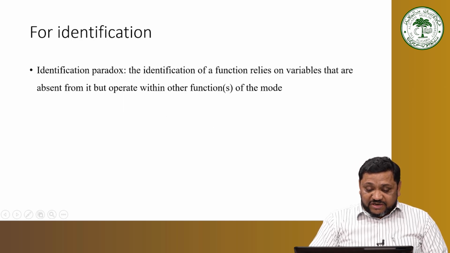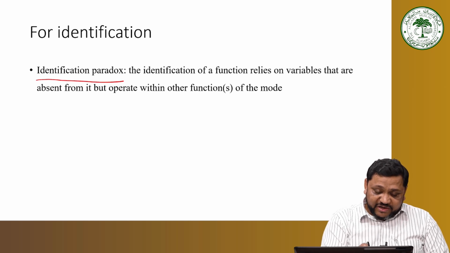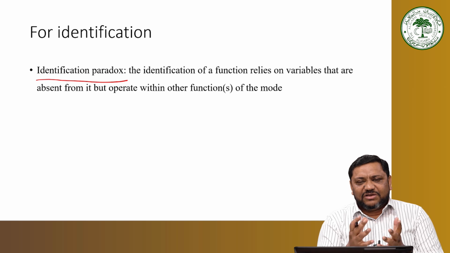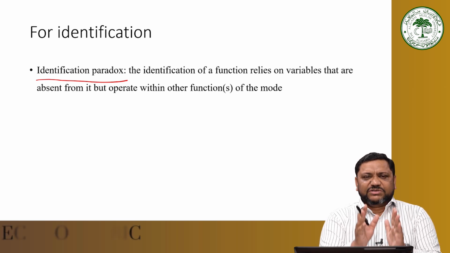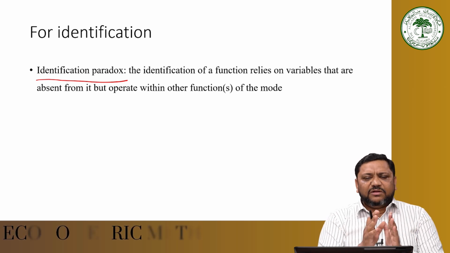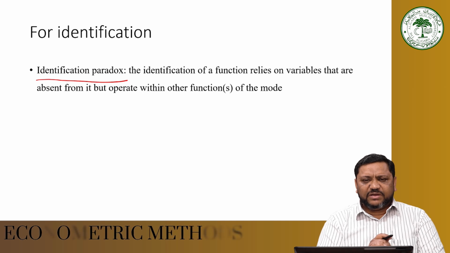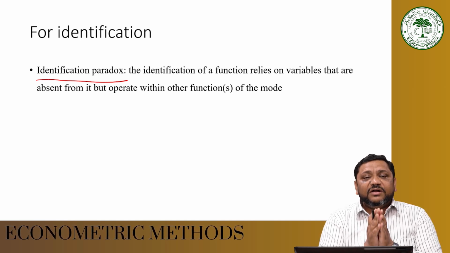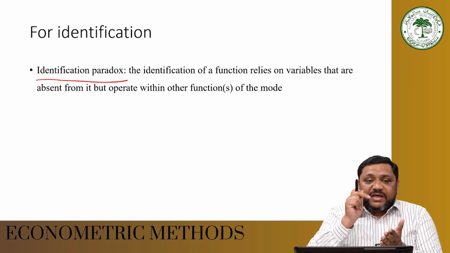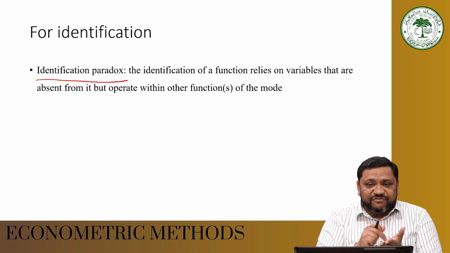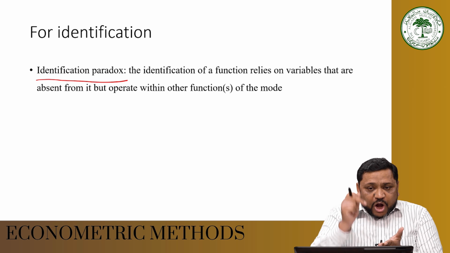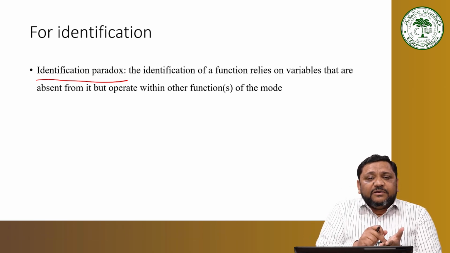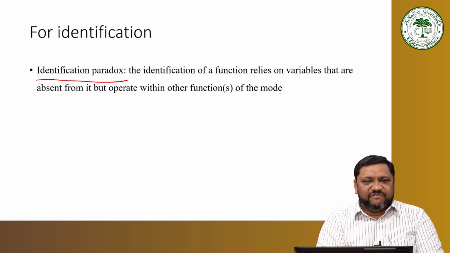Now, interestingly, there is an identification paradox. There are certain conditions. The function should be relatively consistent throughout the sample, throughout the period for which we are calculating. The next thing is, in order to identify the demand function, there must be fluctuations in factors not encompassed by it but present in the supply function.